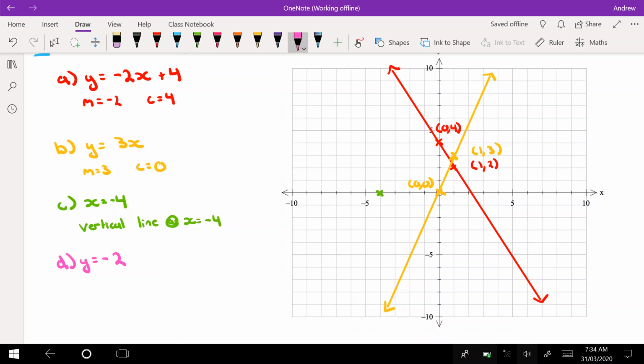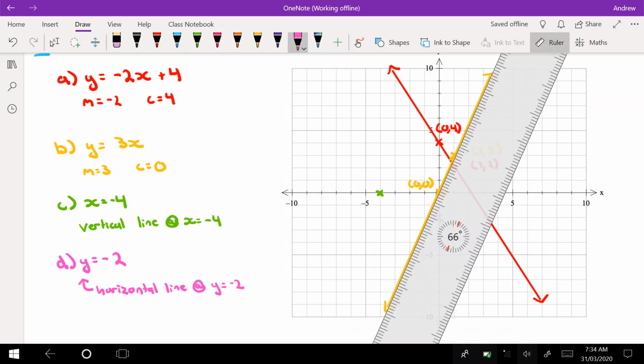And so you guys can probably gather that y equals -2, that's a horizontal line at y equals -2, which is going to be here.